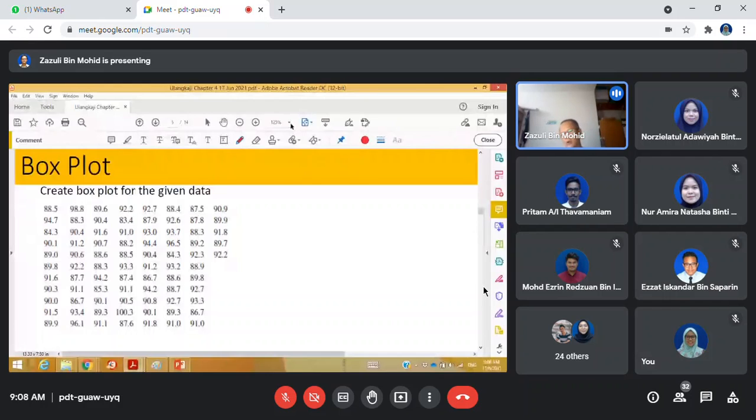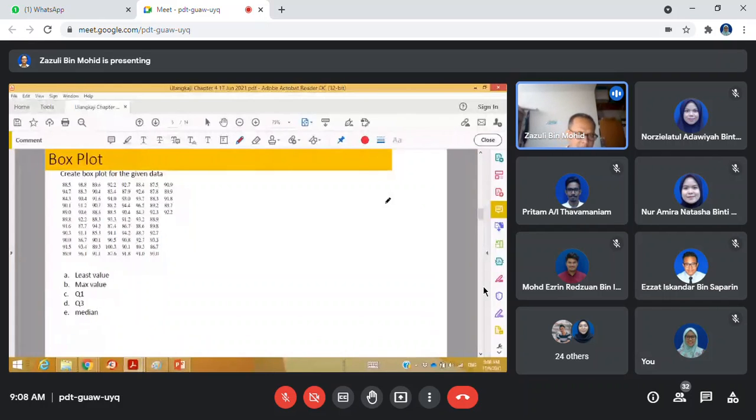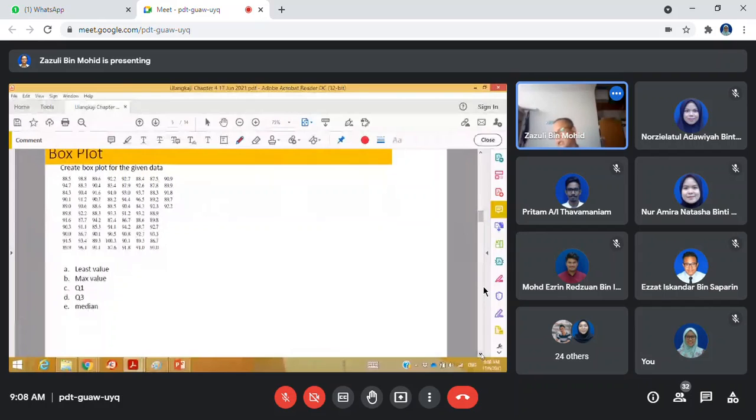You can arrange it in Excel. When you arrange it, you will have the numbers in sequence, and then you can easily define the median, and you can also easily define quartile 1 and quartile 3.